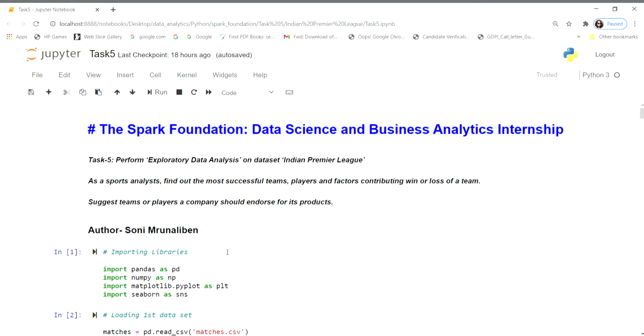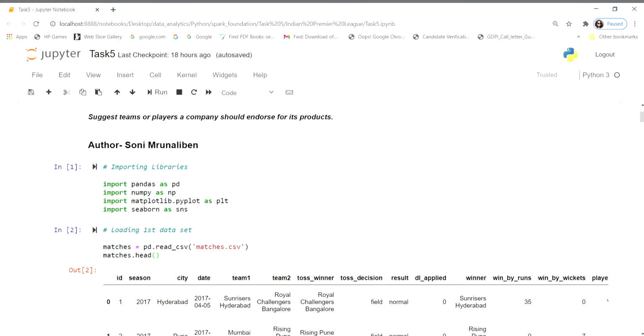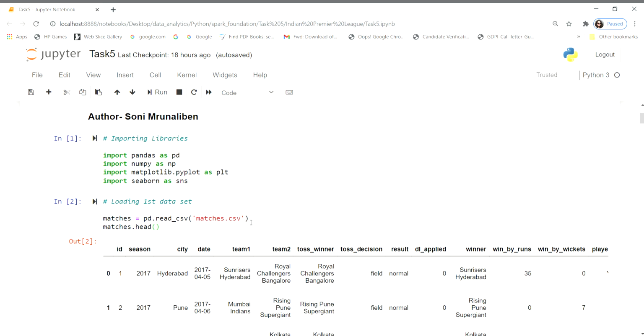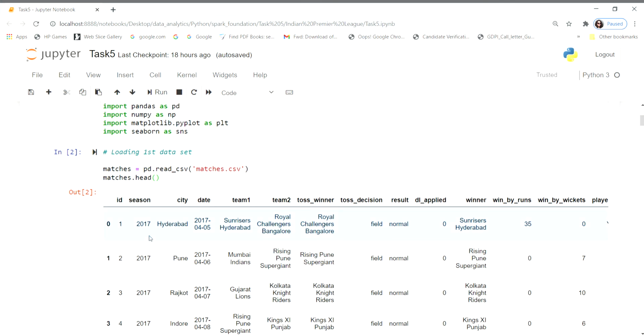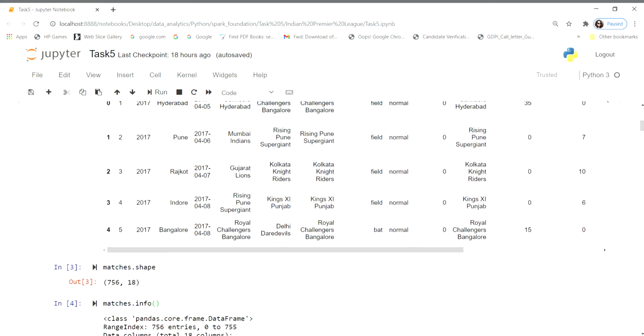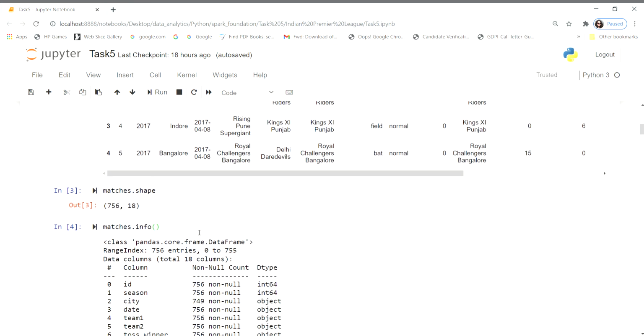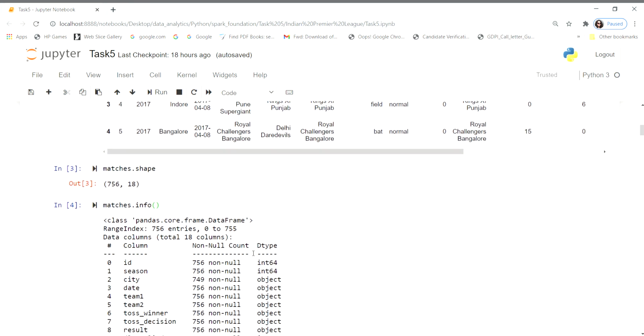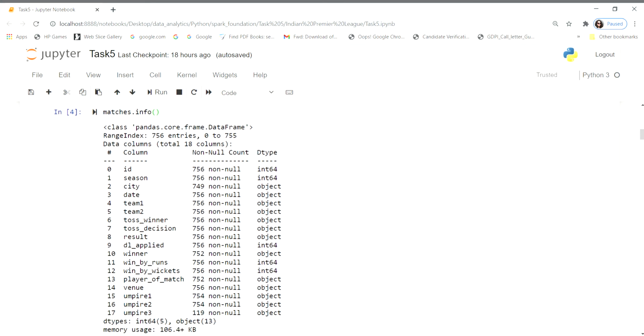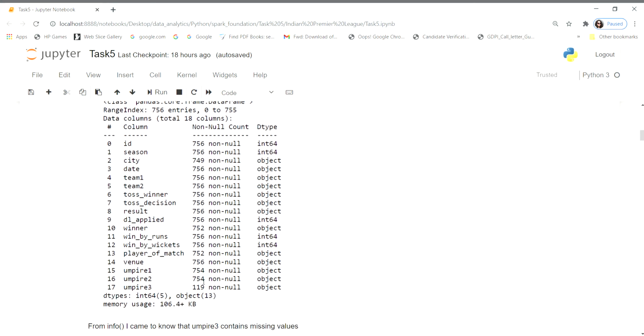So first let us import the necessary libraries, then input the first dataset, that is match.csv, which consists of 756 rows and 18 columns. With the help of the info function, I came to know that the umpire 3 variable contains a large amount of missing values.